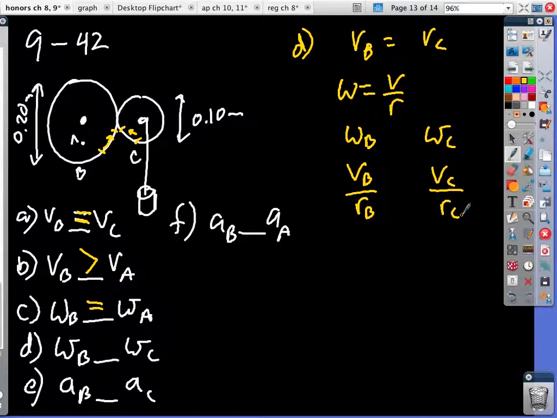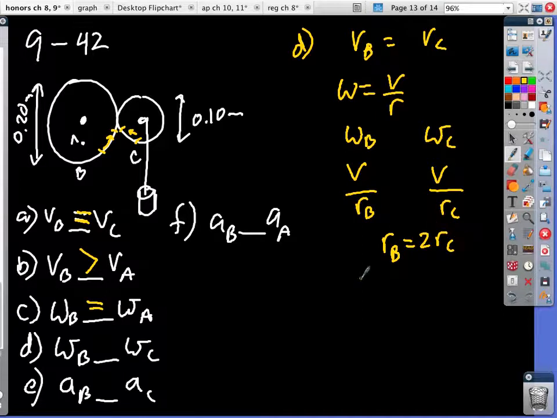Now you're going to get different things here because even though VB and VC are technically the same, even though these are the same V's, the R's are different because RB is equal to 2 times RC.